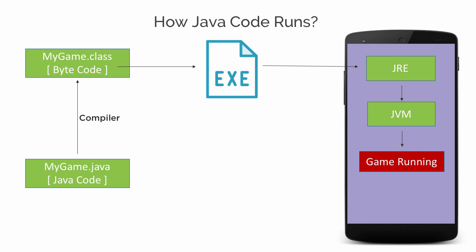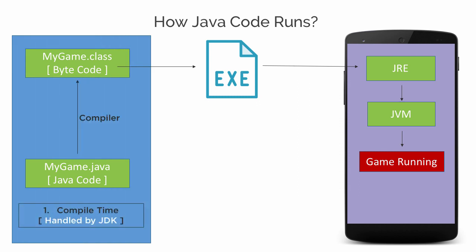Now all these processes can be divided into two sections. On the left hand side, the process of conversion of the Java file into the class file with the help of the compiler can together be called compile time. That is actually handled by the JDK. Now why are we using the JDK here? Just because the compiler is actually part of the JDK.